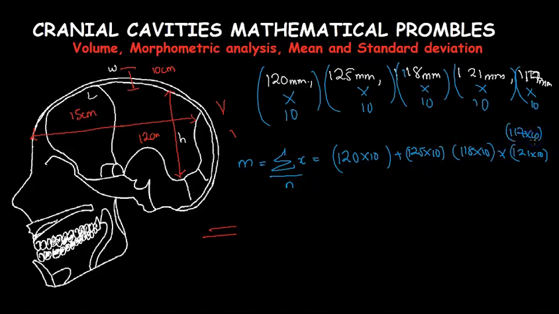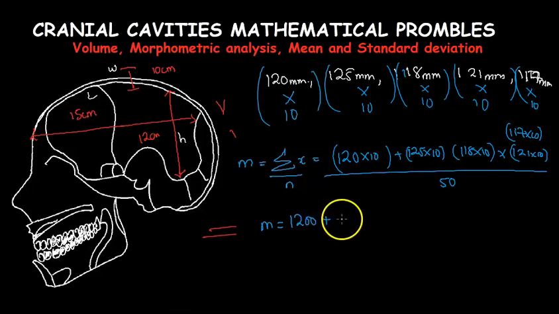Let me just put it that way. Then we are going to divide it by n, which is the total number of the population, which is 50. So our mean here is simply going to be 120 multiplied by 10, which is 1,200. Plus 125 multiplied by 10, which is 1,250.